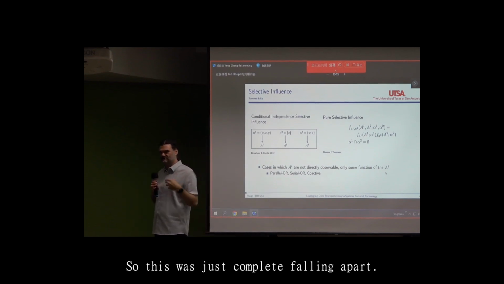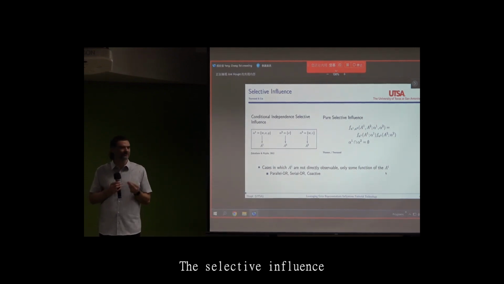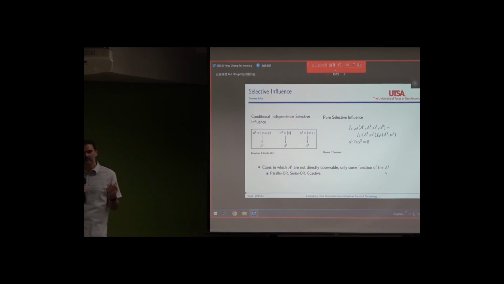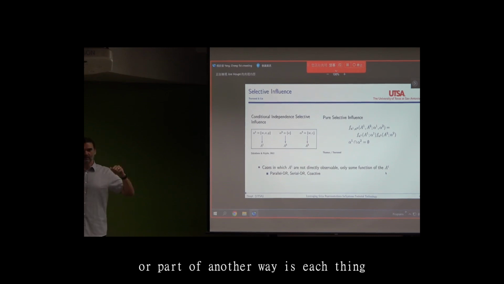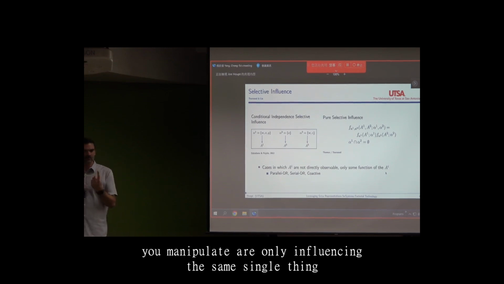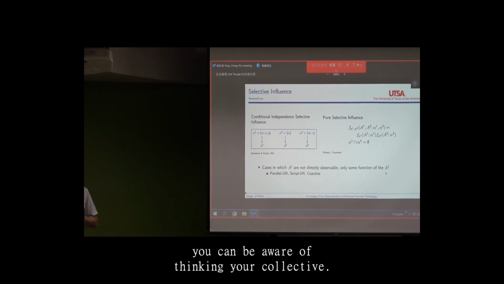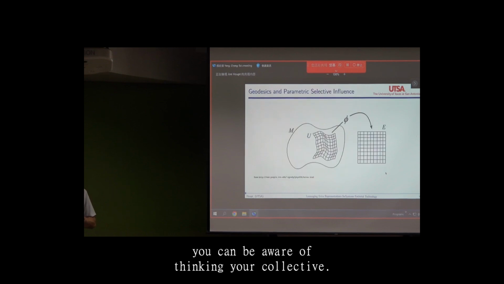So this complete falling apart of selective influence, or thought of another way, each thing you manipulate only influencing the same single thing, can be a way of thinking of coactivity.